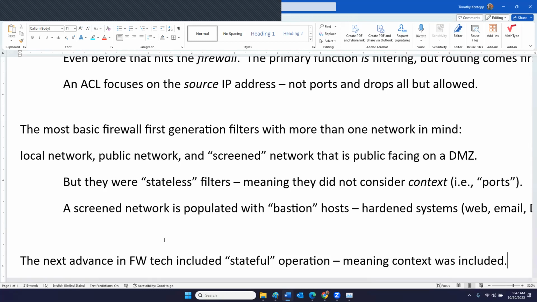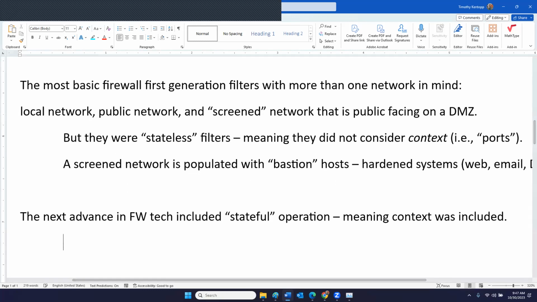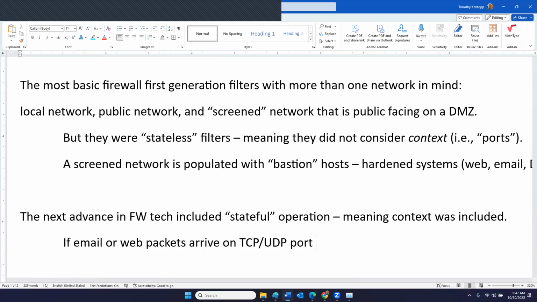What kind of packet would you expect on port 53? What does it mean if you're getting web packets or email packets on TCP or UDP port 53?